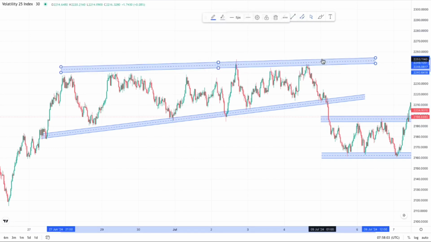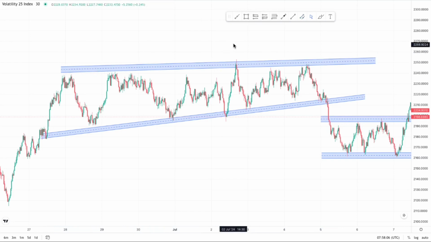Every time price reached this level, it went down. Price almost reached the level, went down. Price reached the level, here we would make an entry and get this money. Price goes up, goes down. Price goes up, goes down.